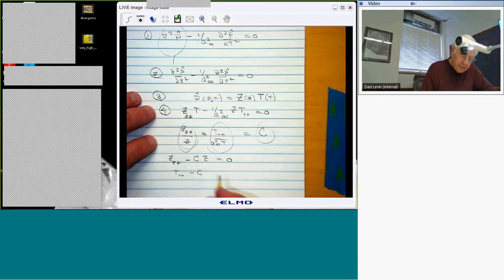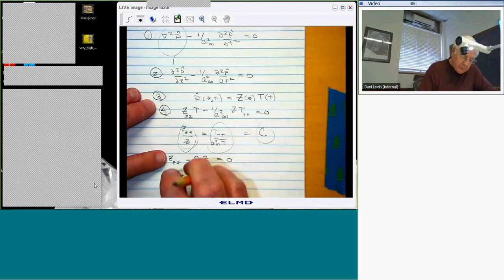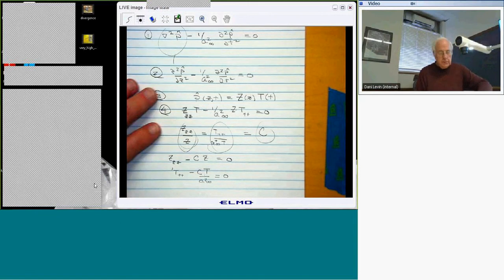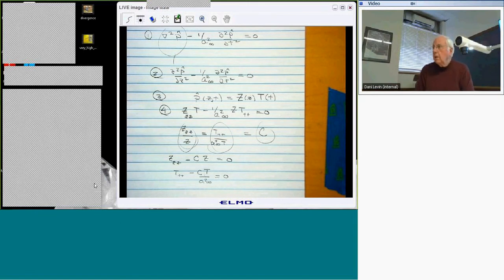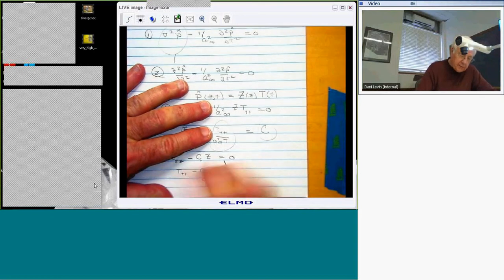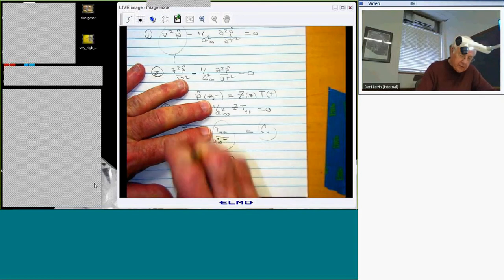Yeah, I think I did that right. T over A infinity squared equals 0. It should be times A infinity squared. I'm sorry? It should be times A infinity squared, not over. Oh, you're right. Thank you. That will help.